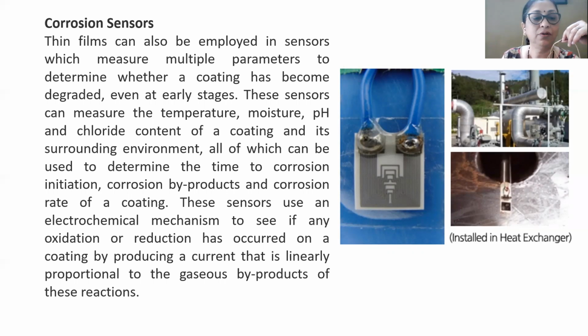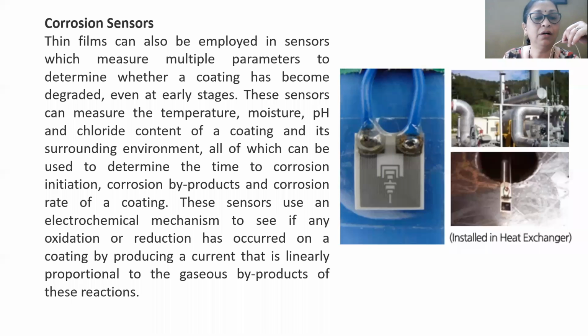These sensors basically use an electrochemical mechanism to see if any oxidation or reduction has occurred in that coating. This produces a current that is linearly proportional to the gaseous byproduct of these reactions.